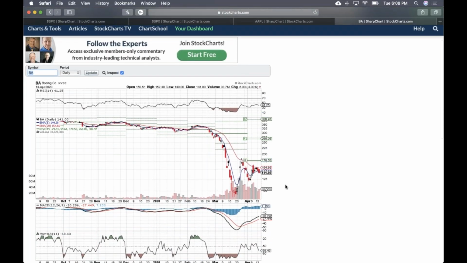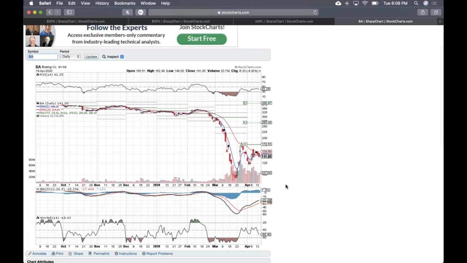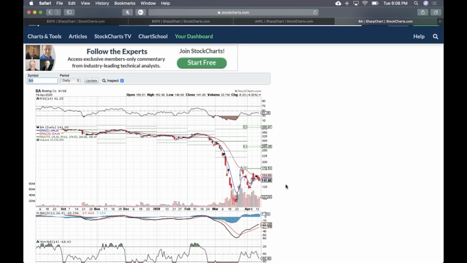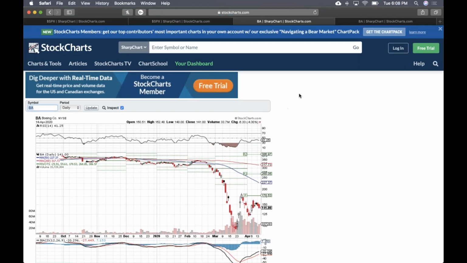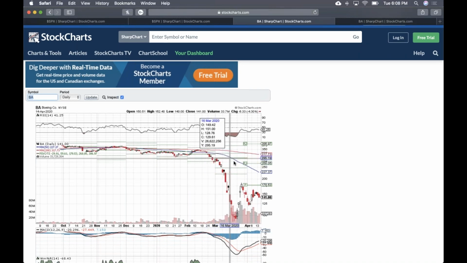Not so much on Boeing, but I did want to show that they haven't quite turned bullish. I'm pretty sure they're quite a ways away from the 50-day, and they've crossed over long ago to the bearish side. Boeing after hours, just as a note, is up like 2.5%.